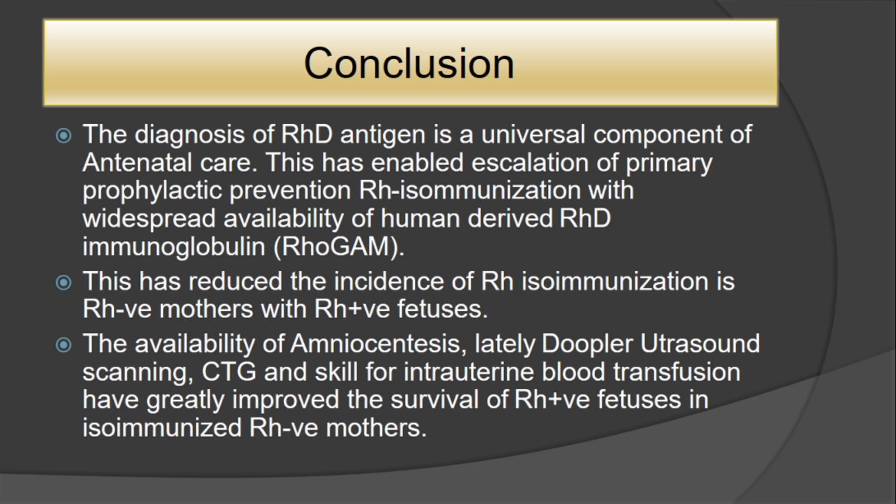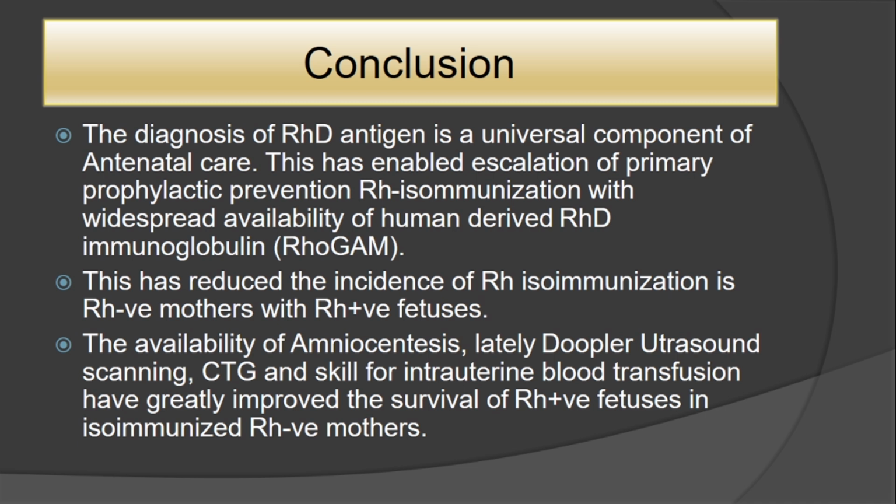I would like to conclude this session by saying that the diagnosis of rhesus D antigen is a universal component of antenatal care. And this has enabled the escalation of primary prophylactic prevention for Rh isoimmunization and then we now have the widespread availability of human-derived RhD immunoglobulin.